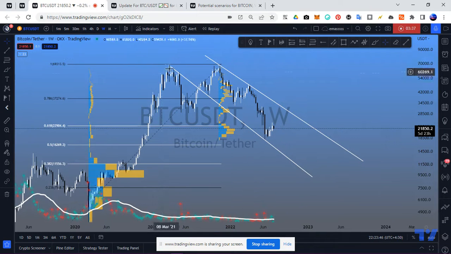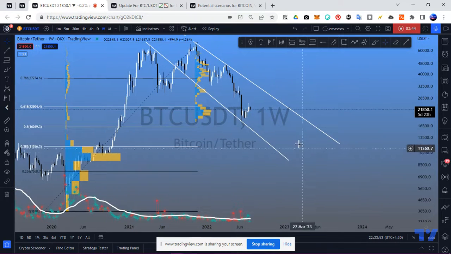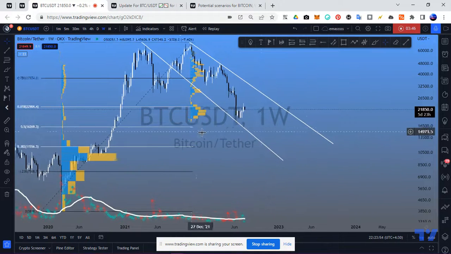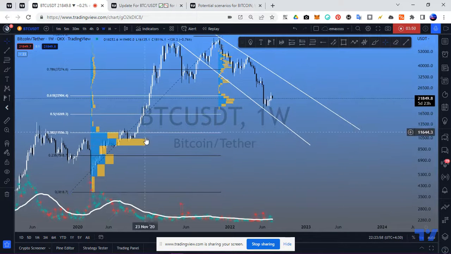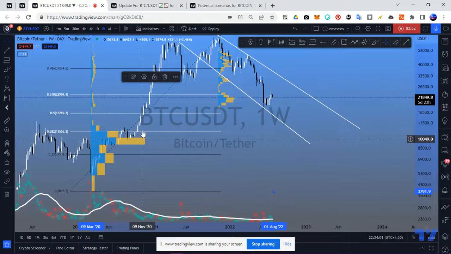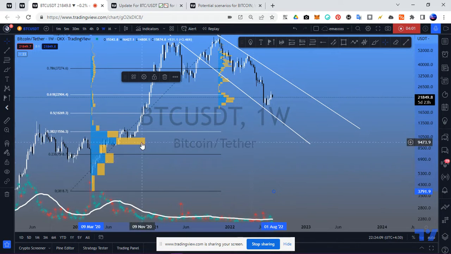So Bitcoin can continue its downtrend in this downward channel for a while, and probably the volume gap profile is really important, and can help us identify the most important zones that Bitcoin will more likely react to.